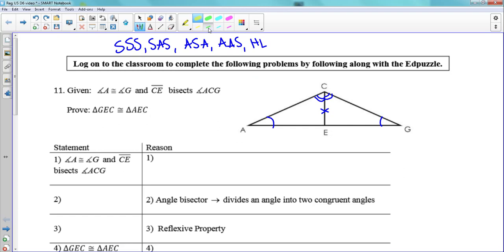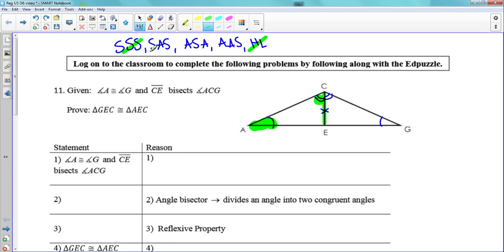So I like to highlight what I have. I have this side here, and I have this angle, and I have this angle. So I have 2 angles and a side. So I know side, side, side is out because I don't know all 3 sides. Side, angle, side is out because I don't know 2 sides, I only know 1. I don't know I have a right triangle, so hypotenuse leg is out.